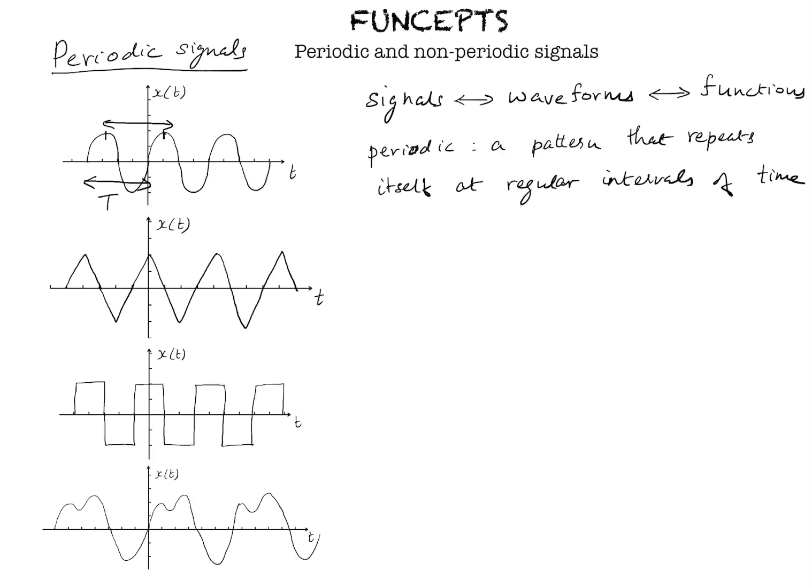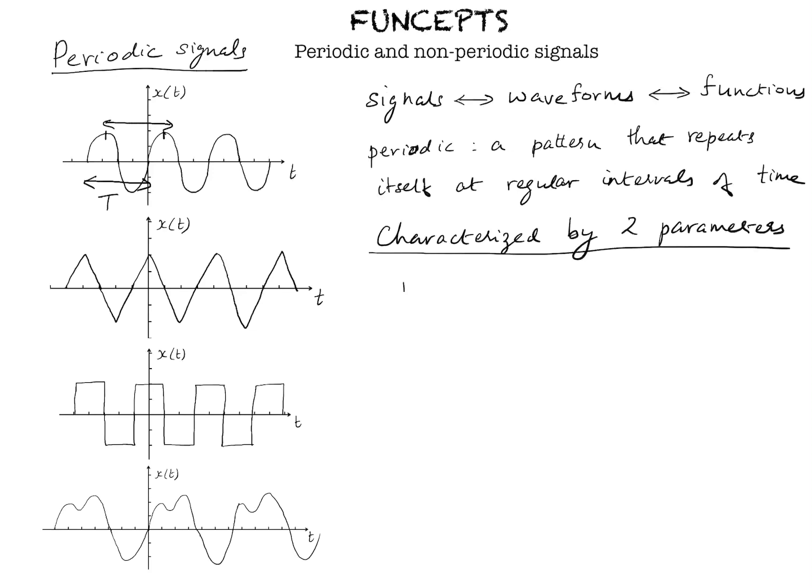A periodic signal is characterized by two parameters which are related to each other. So if we know one parameter, we could calculate the other parameter. The first parameter is the time period.